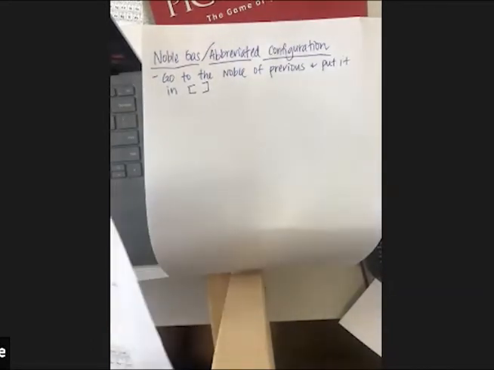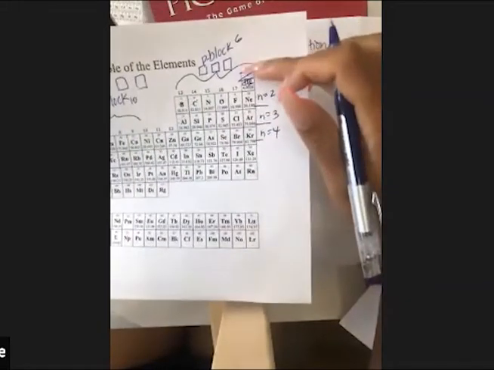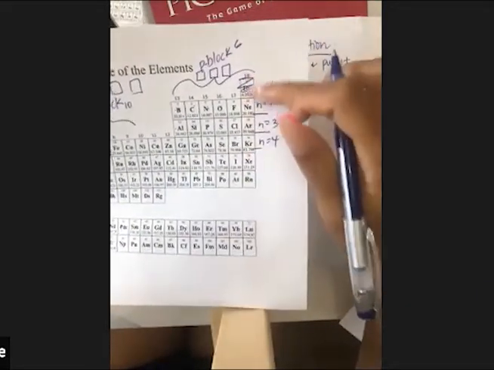Remember, the noble gases are column 8. That's the last column on the periodic table. These are the noble gases. So I go to the noble gas of the previous row, put it in brackets, and then I write everything after that.